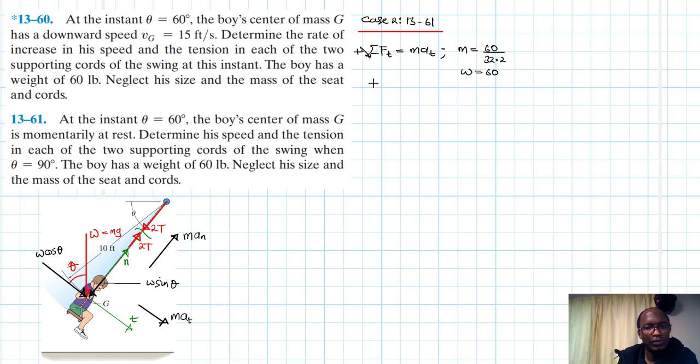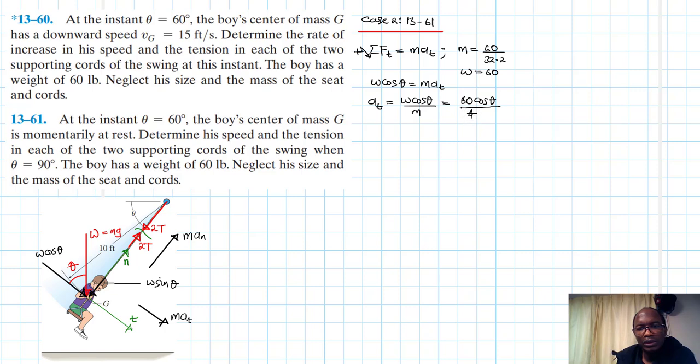So what do we have there? We have W cos theta equals m a_t, and making a_t the subject of the formula, it becomes W cos theta divided by m, which is 60 cos theta. We are writing this in terms of theta because the swing is moving from theta equals 60 to theta equals 90.